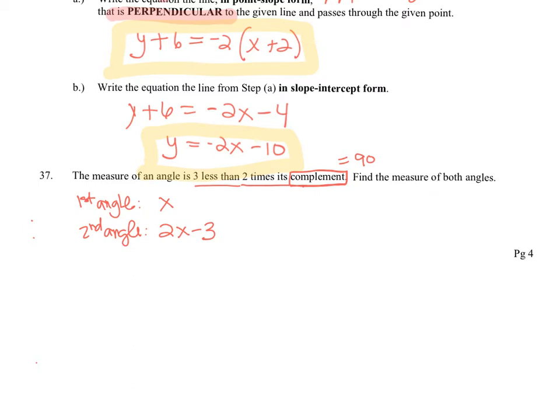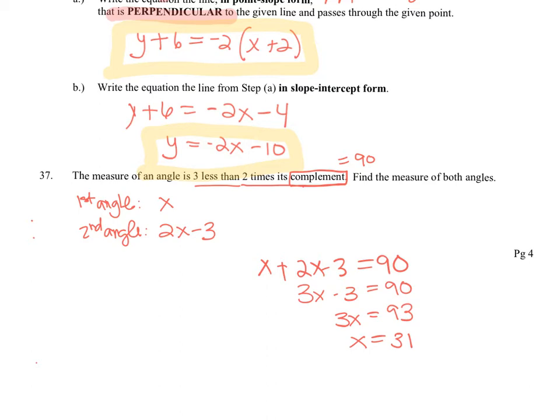So now I have an algebraic expression for both of the angles. If they're complements, I take the one angle and add it to the second angle, and that should equal 90. If I solve this equation, I'm going to have that X is equal to 31.